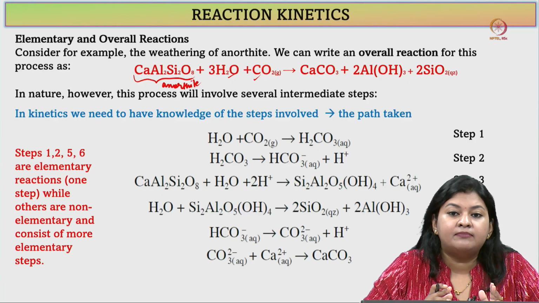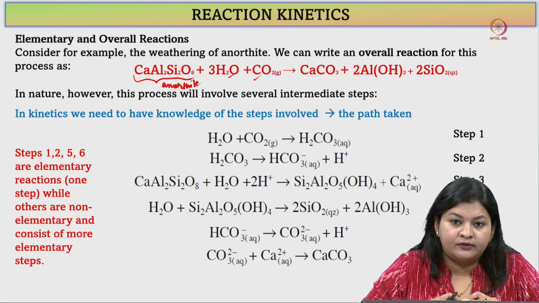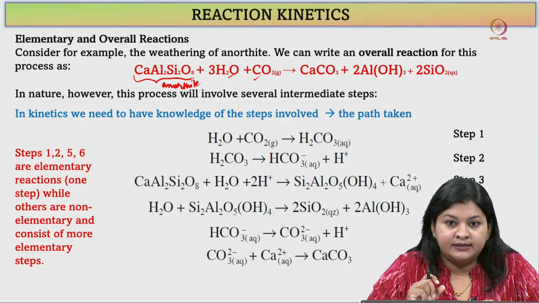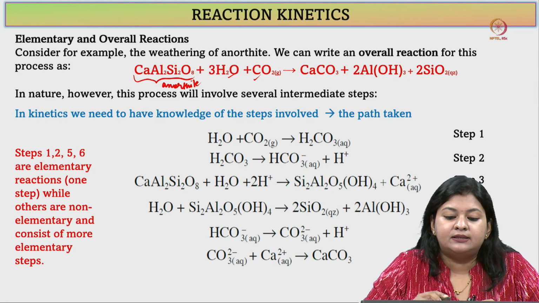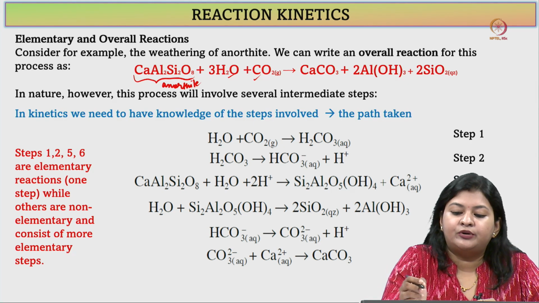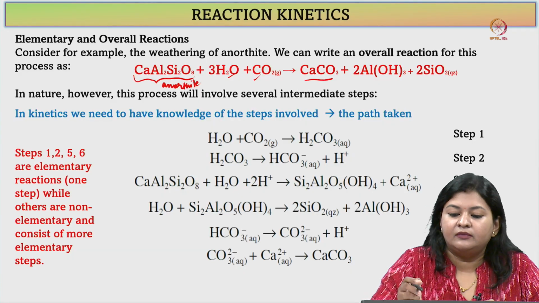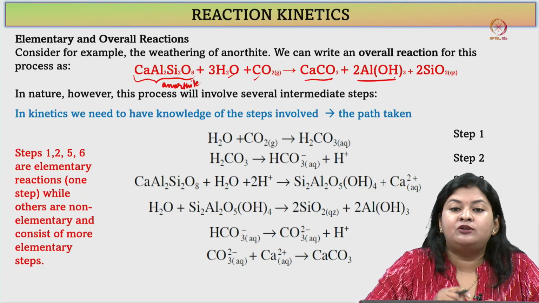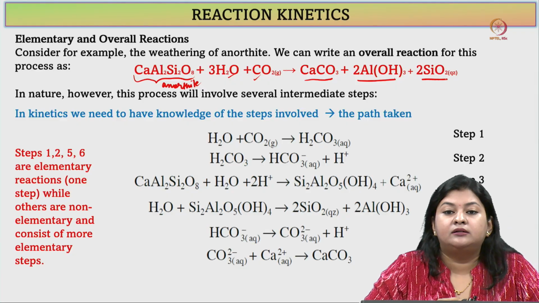Weathering agents are water and carbon dioxide, which dissolves in water to form carbonic acid, slightly acidic, and it will react with the mineral. This reaction will produce products: calcium carbonate, aluminum hydroxide, and silica in the form of quartz.